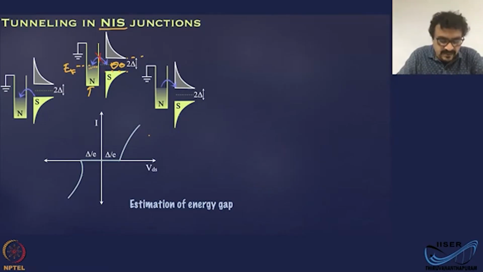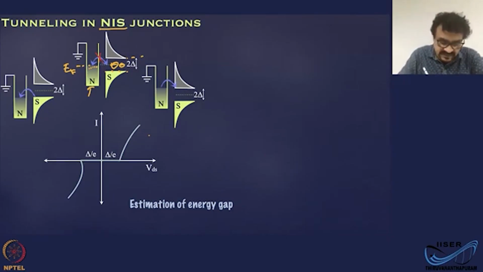So to the right direction, there are no states for electrons, and towards the left direction there are no states for Cooper pairs, because Cooper pairs are actually also bosons. So what that means is no current will be flowing in this specific case, in this picture.